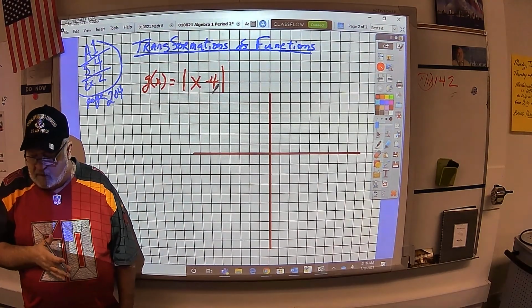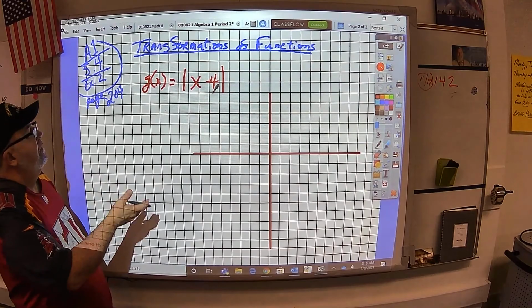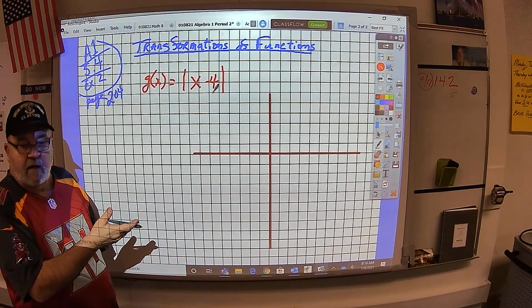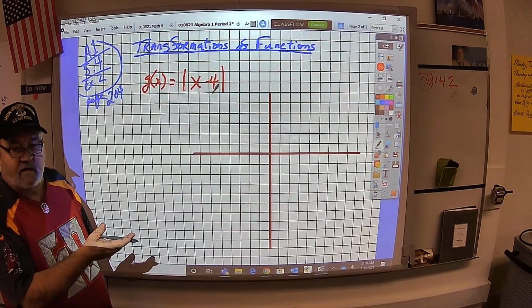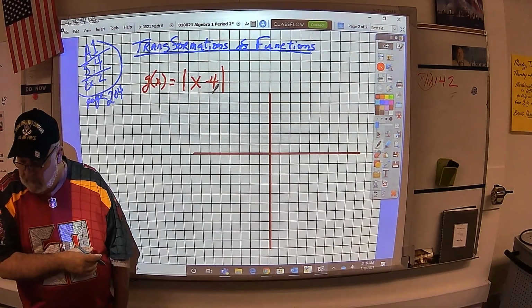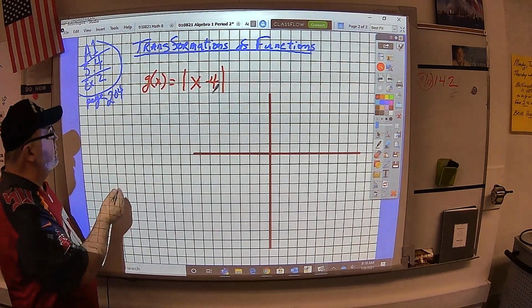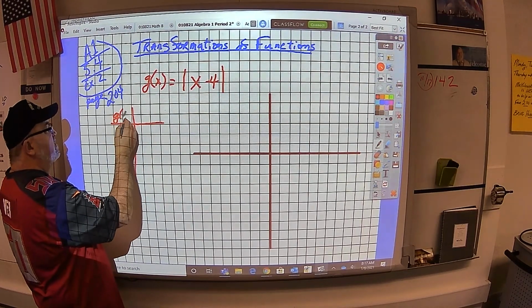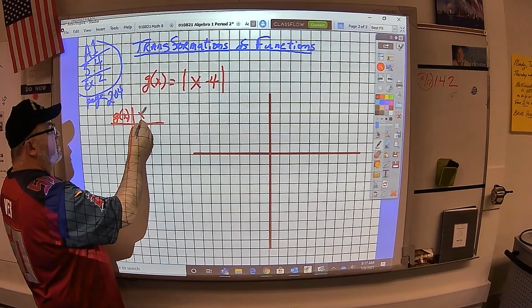But still we're talking about the model of the absolute value of x. We're just going to move it a little bit. Now, mathematically, you can do this with a table of x and g sub x.